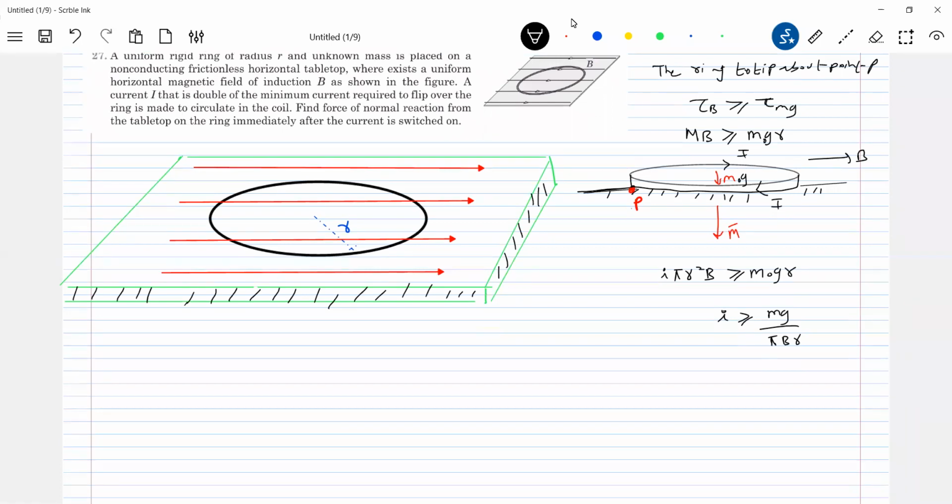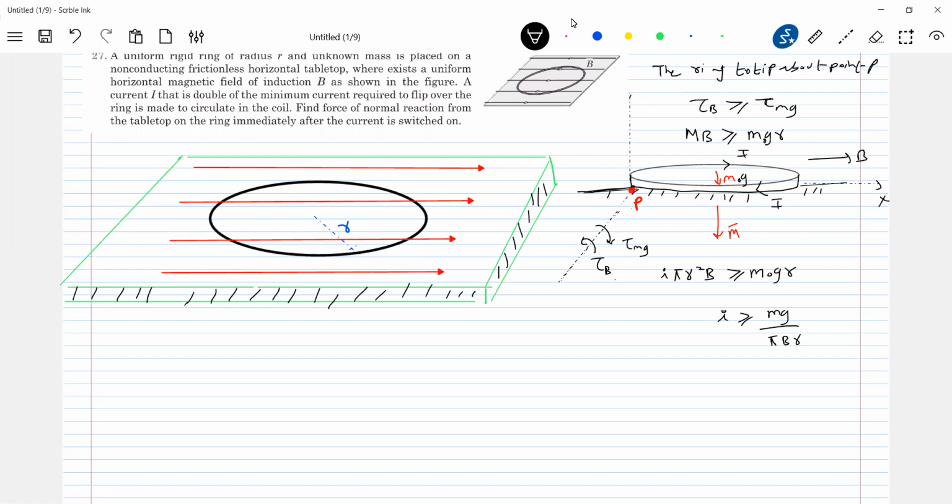So here actually, let me bring that axis here. The torque due to dipole moment will be in this direction, torque due to weight in this direction. Now when you apply current greater than this, definitely the ring will try to rotate about an axis passing through point P. This will be the x-axis.